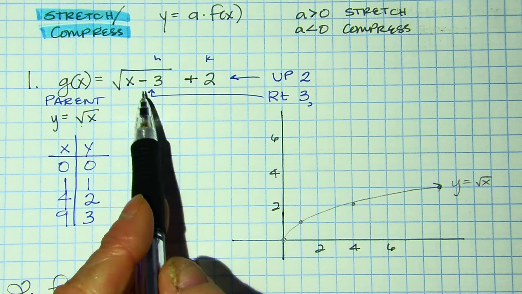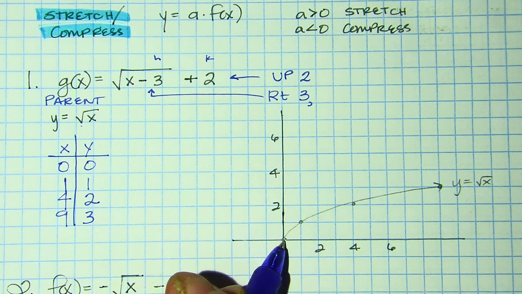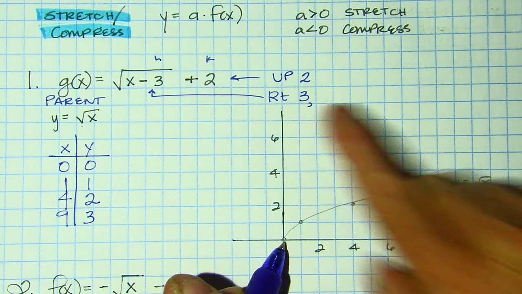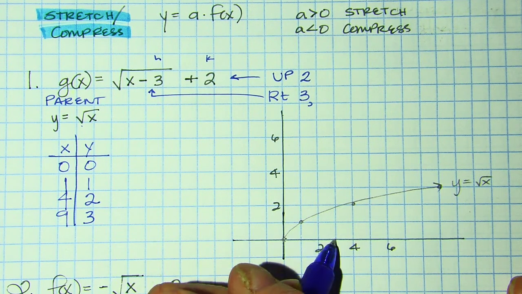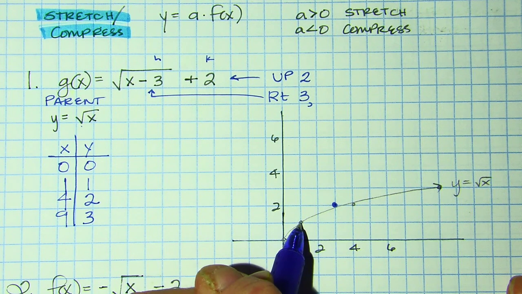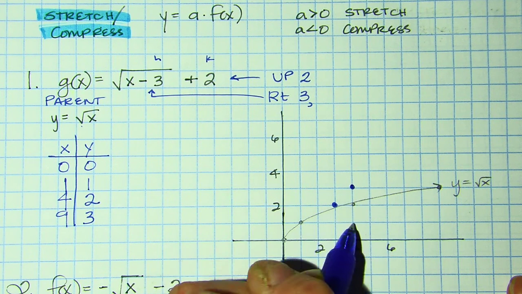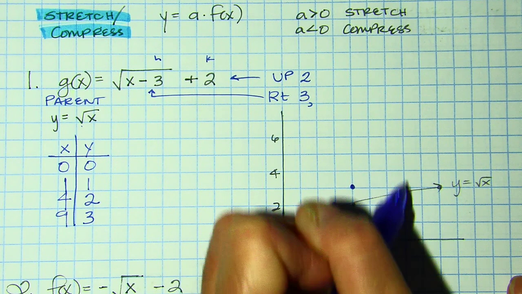But this is the function they wanted me to graph. So I'm going to take these points and I'm going to transform them. I'm going to move it right 3 and up 2. So to the right 3, up 2. There's our very first point. Next point, right 3, up 2. Next point, right 3, up 2.